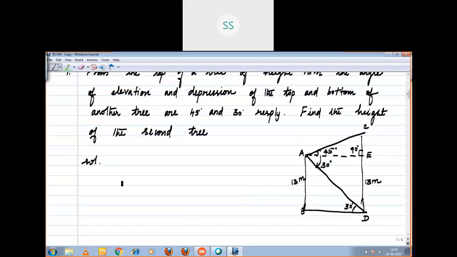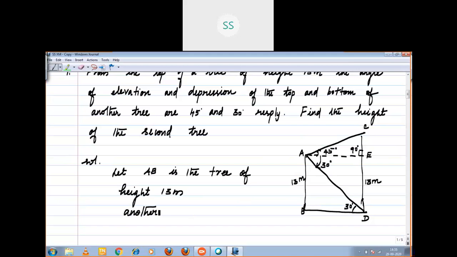Now solution. Let AB be the tree of height 13 meter.